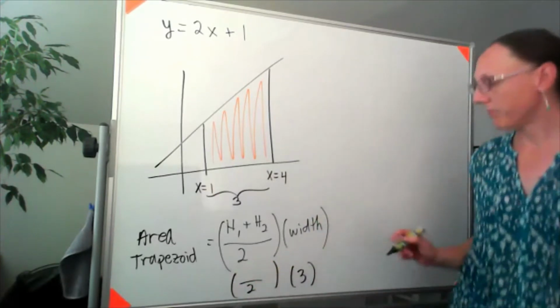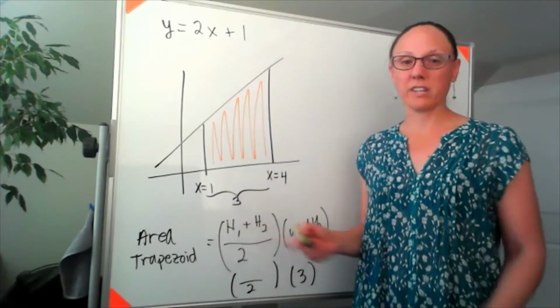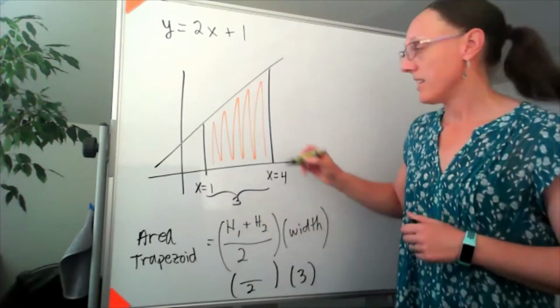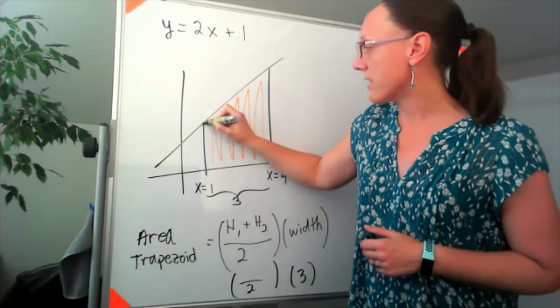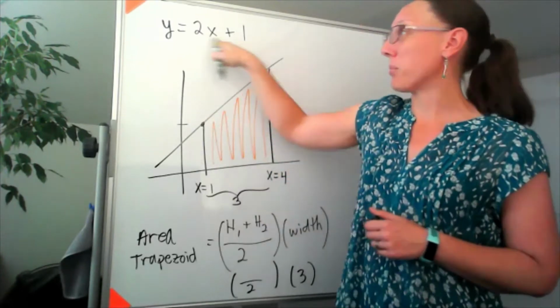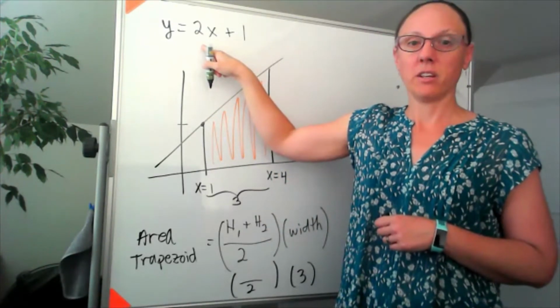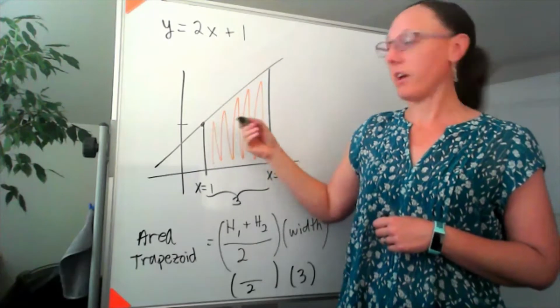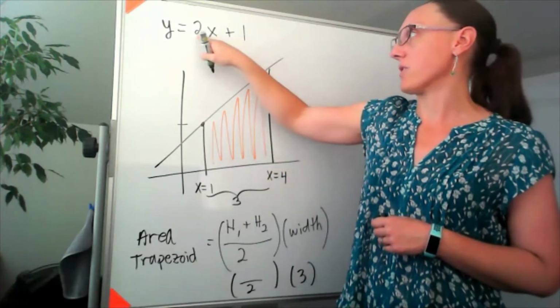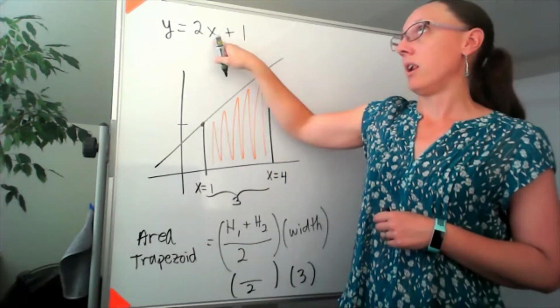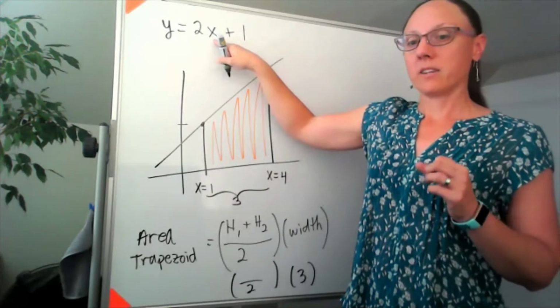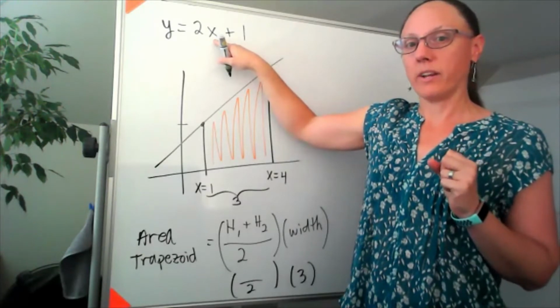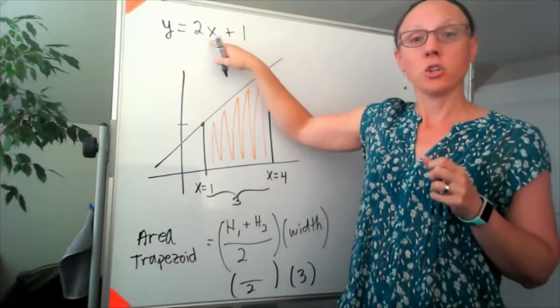And then here we have to do a little bit of work to figure out the heights. So when x equals 1, to figure out that height, I've got to plug 1 into my function. So when x equals 1, I'm looking at a y value of 2 times 1. Wow, I'm having trouble doing arithmetic. 2 times 1 is 2.